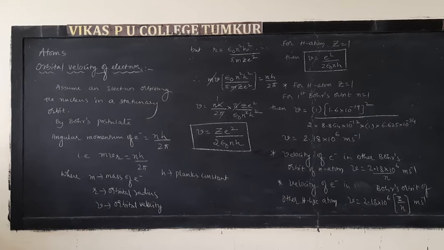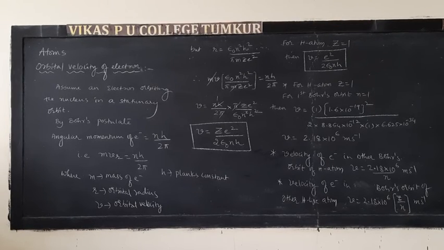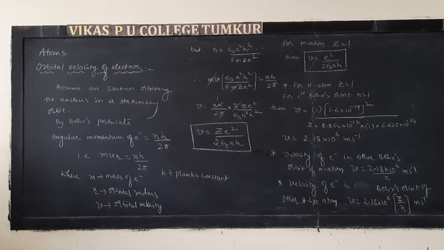So means to say, velocity of electron in third Bohr orbit of lithium atom is equal to velocity of electron in first Bohr orbit of hydrogen atom. If such questions are asked for 1 mark or in competitive exams, you should be able to answer. So this is about the orbital velocity of electron in Bohr's orbit.